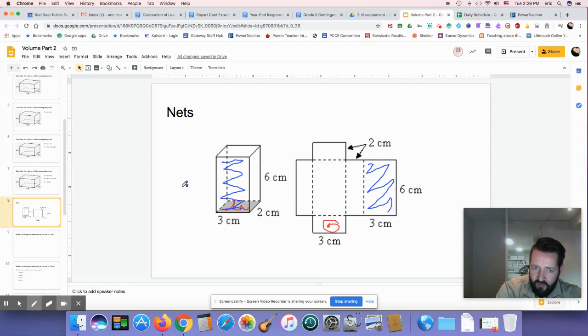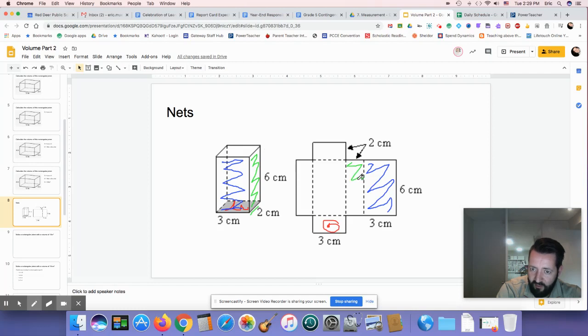And then the side face, if I can just grab one more color here, this side face here would be 2 by 6. All right, and so we can see that on the net over here, they tell us that this little section here is 2 centimeters wide, and again, the height here would be 6. So I'll just shade that in for you as well.